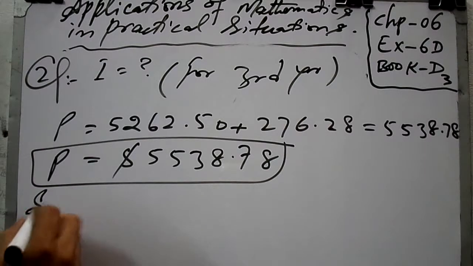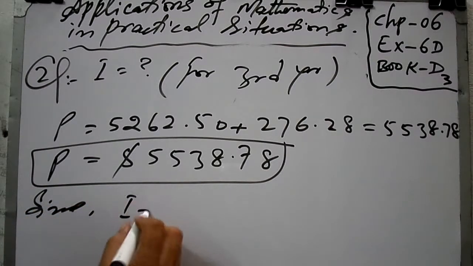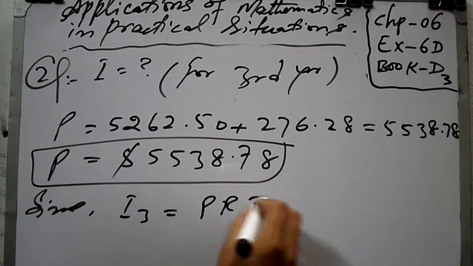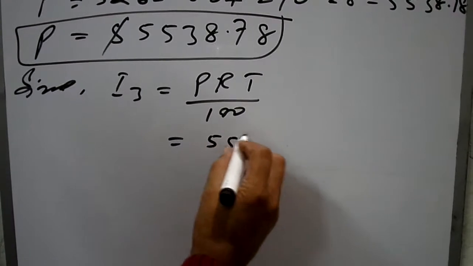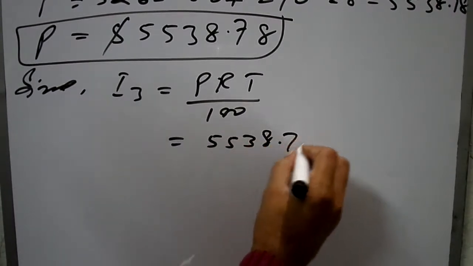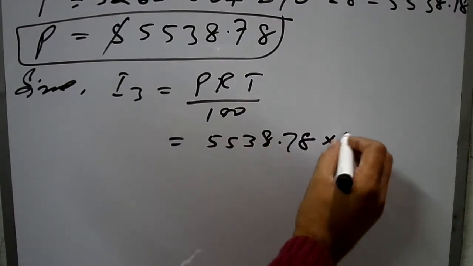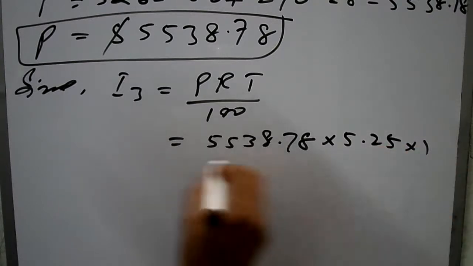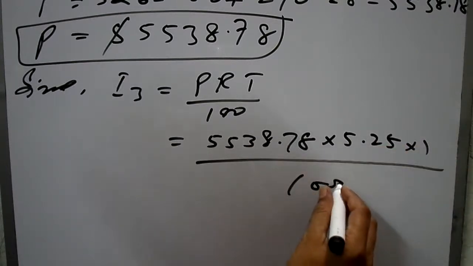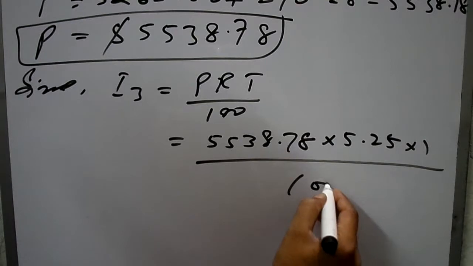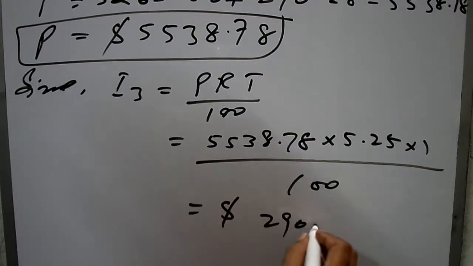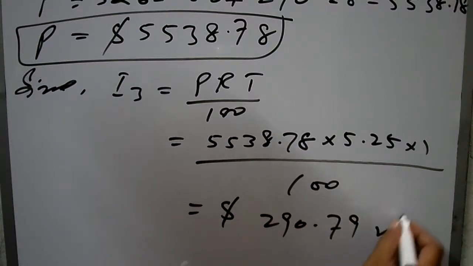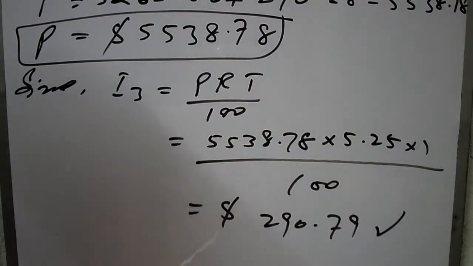Again, using the same formula, PRT divided by 100, putting the values, you will get $290.79. So that is your interest for the third year.